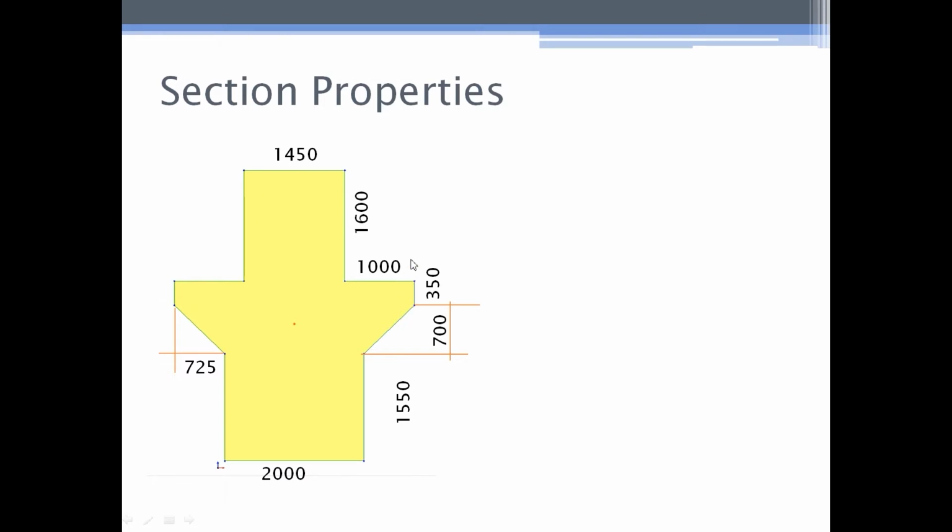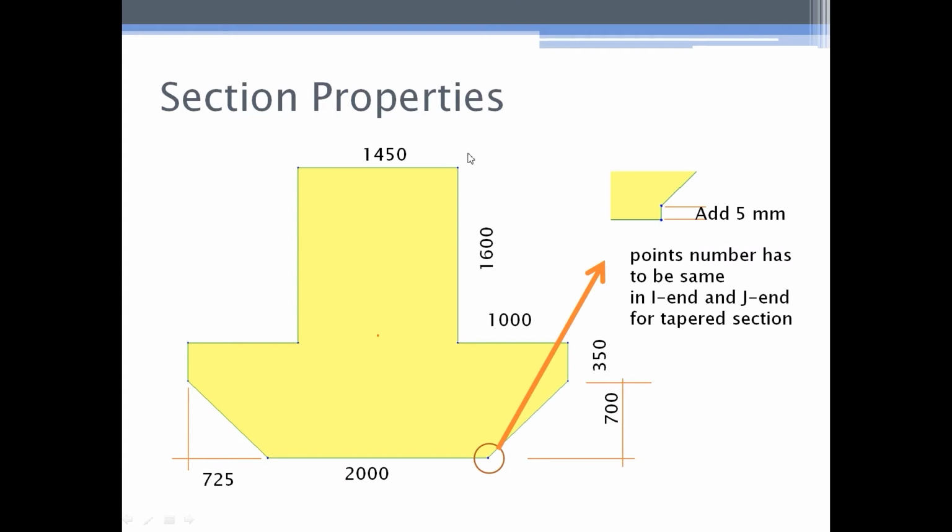This crosshead section will be made composite with the column section. And this is the segment cantilever section.